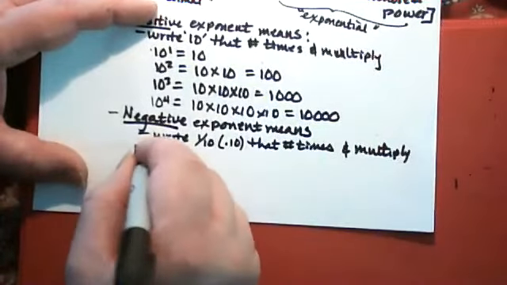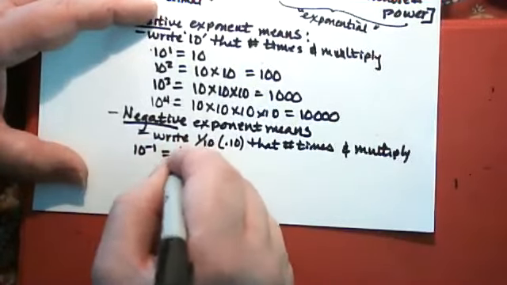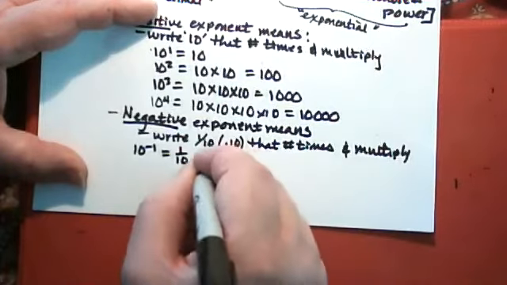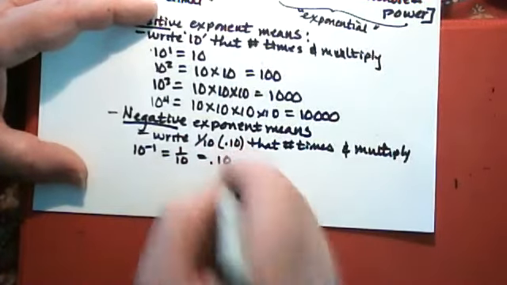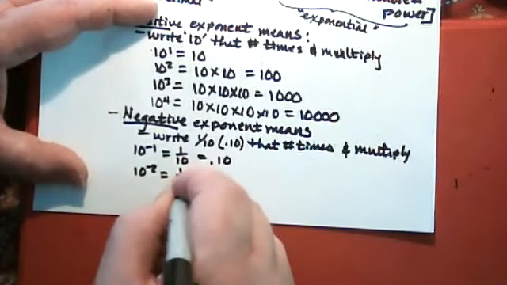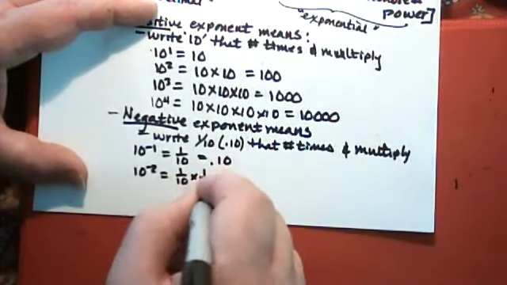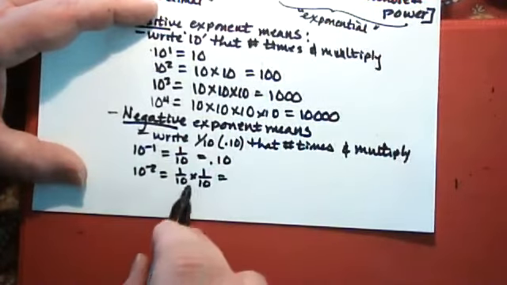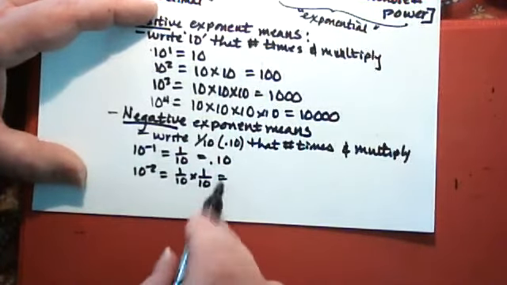Okay, so 10 to the minus 1 would be equal to 1/10, which is also equal to 0.10. 10 to the minus 2 means write down 1/10 twice and multiply them together.